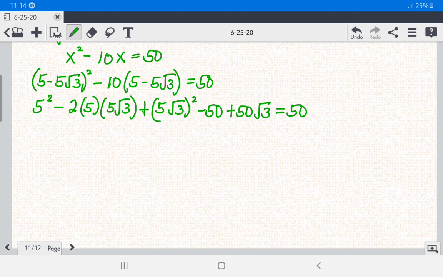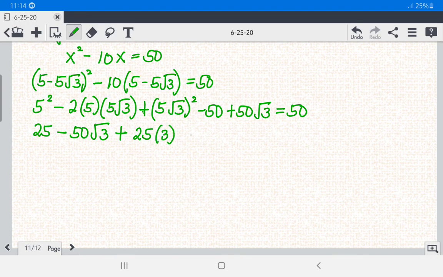Next, simplify. We have 5 squared, we have 25. Then, negative 2 times 5 times 5. So, 10 times 5, we have 50, negative 50 square root of 3. Then, plus 5 squared. That is 25. Then, square root of 3 squared, we have 3 only.